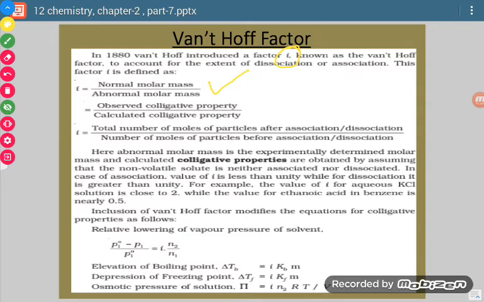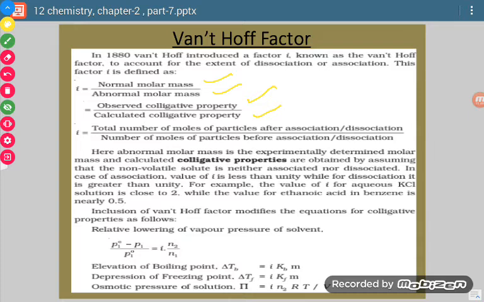Or we can say, since colligative property and molecular mass of solute are inversely proportional to each other, in any property you can see, if we don't want to write molar mass, then we can write it like this: observed colligative property over calculated colligative property.